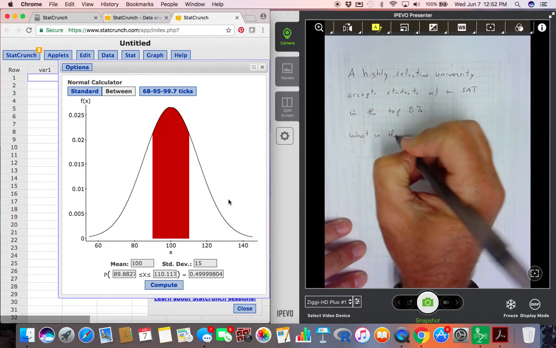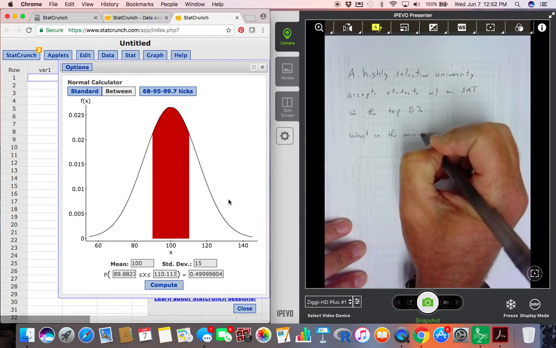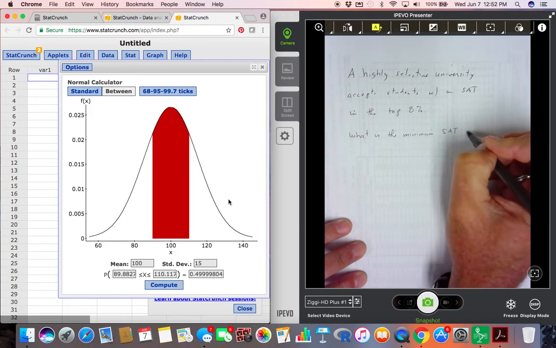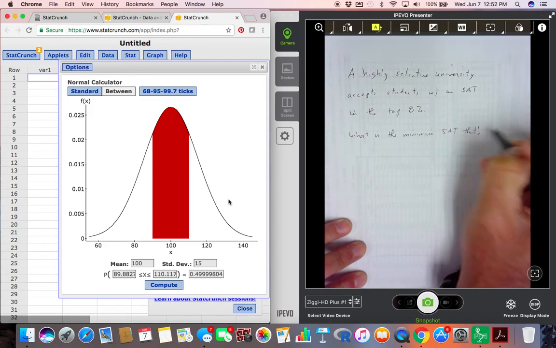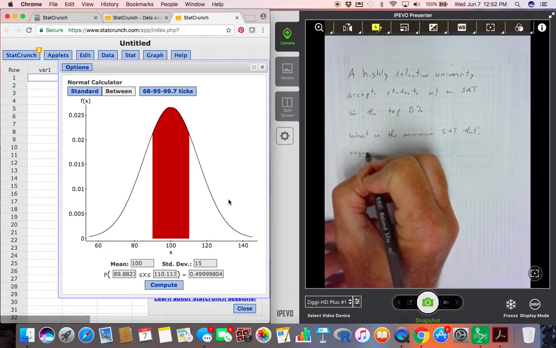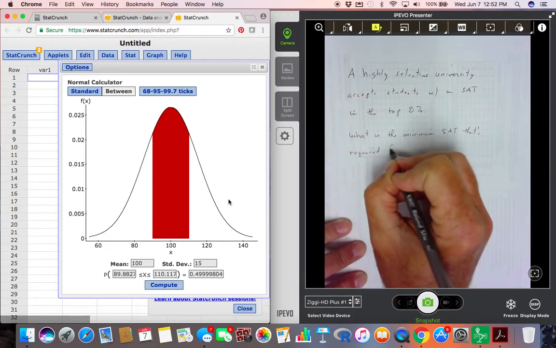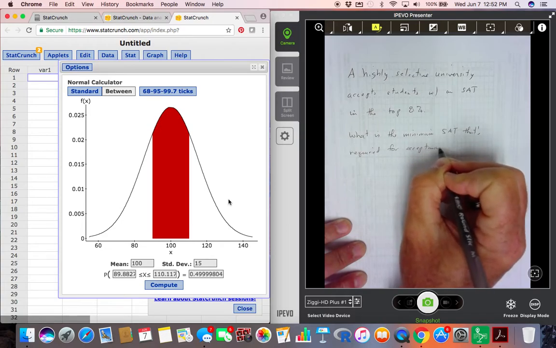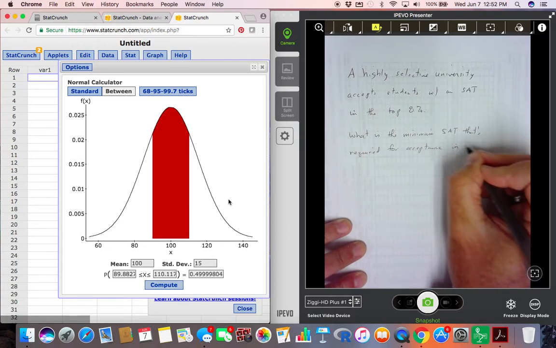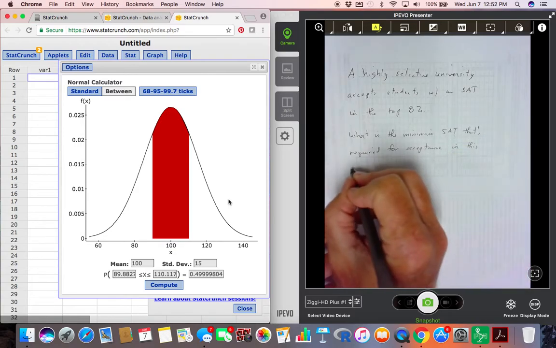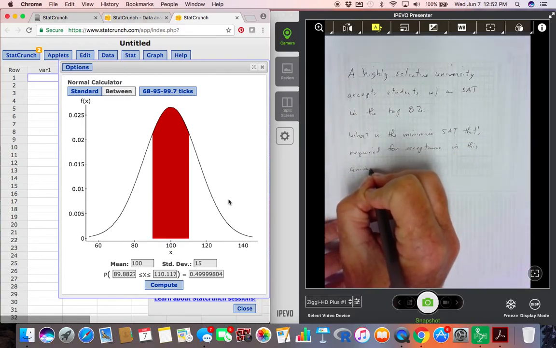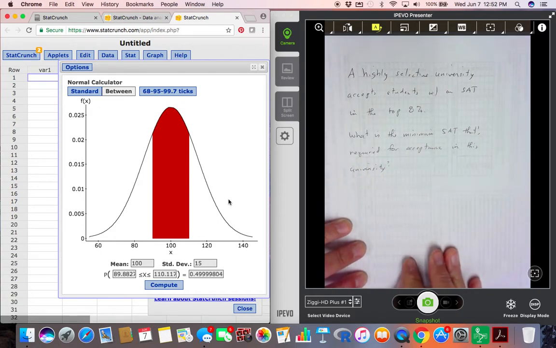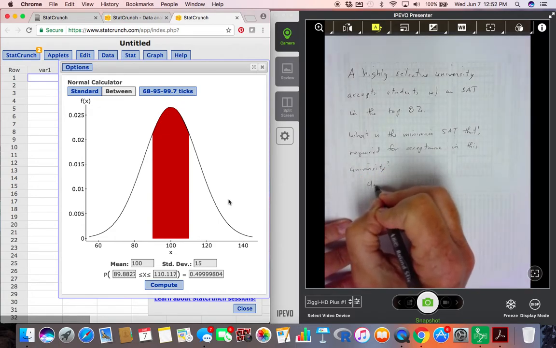What is the minimum SAT that's required for acceptance in this university?